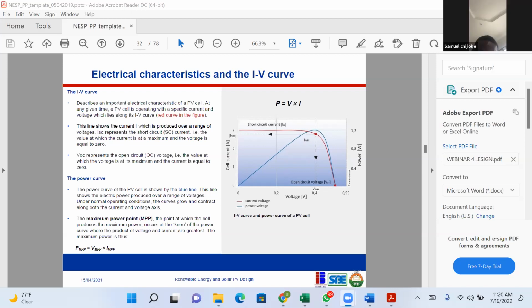PWM means pulse width modulation, right? So it's a different kind of charge controller, and then we have the MPPT. MPPT means maximum power point tracking. The more efficient charge controller in the market is the MPPT charge controller, and that's most common. So I'm only trying to explain to you the meaning of that MPPT and why it is called MPPT. Okay. Yes.